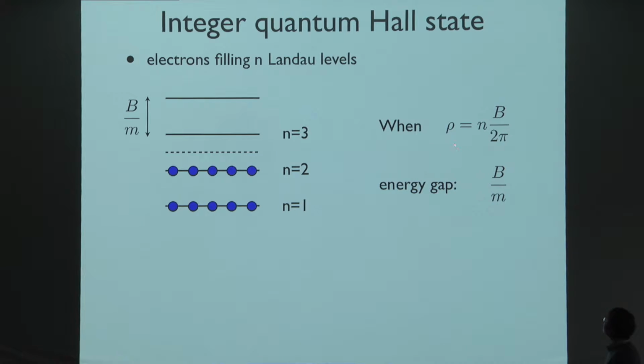When the density of the electron is equal to an integer times the density of the degeneracy of each of the Landau levels, rho equal n, where n is an integer, times B divided by 2 pi, then the system has an energy gap. The energy gap is B divided by m to leading order in perturbation theory over the strength of the interaction.